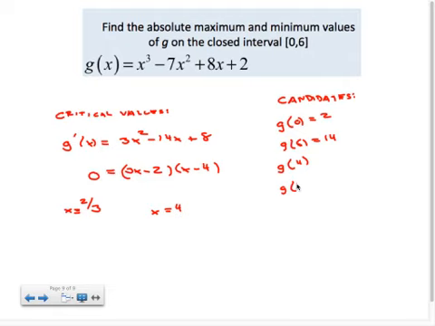So g of 2/3, for the sake of time, is a nasty decimal, but it's about 4.518. And g of 4 is going to be negative 14. So I go to my list and I look for the biggest y value. This is the biggest y value on my list, so this is the absolute maximum. And I look for the smallest y value, which is negative 14, and that has to be the absolute minimum.